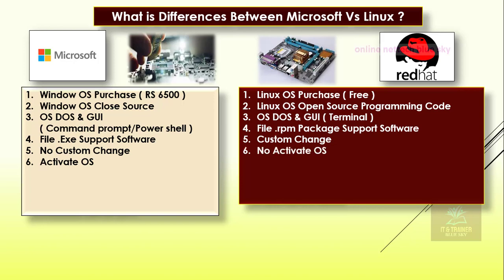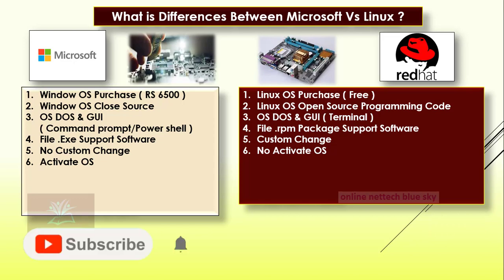But Red Hat Linux does not need an activation system, because it is an already open source licensed system, and there are only two steps in Red Hat Linux, and you do not need to purchase or pay. This is very important.